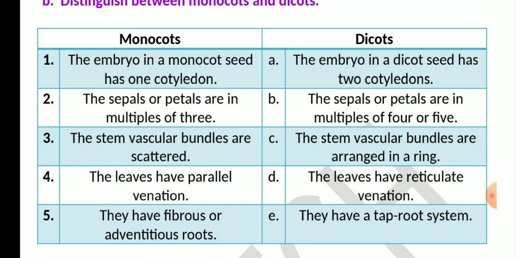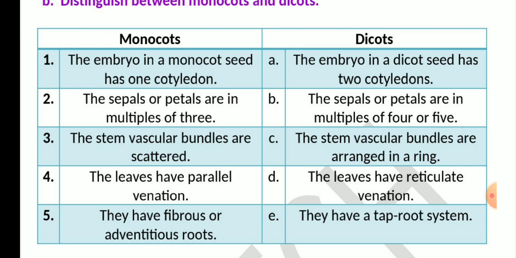Second point in monocots, the sepals or petals are in multiples of 3. In dicots, the sepals or petals are in the multiples of 4 or 5. Therefore, they are known as pentamerous or tetramerous, right? And in monocots, they are known as trimerous because the sepals are in the set of 3.